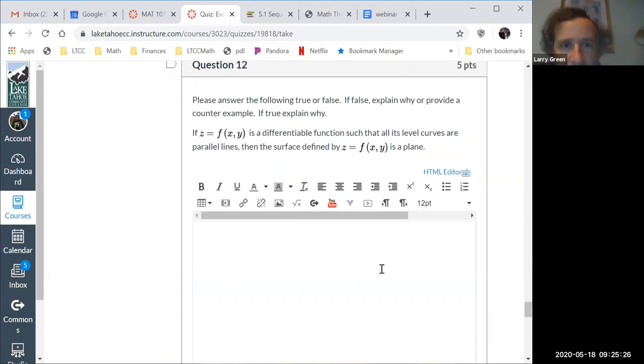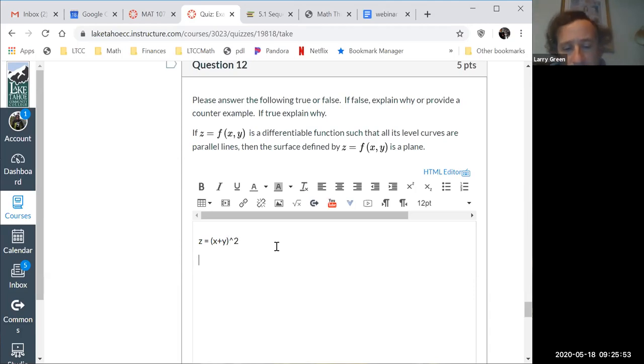This is our last real question on the test. If f of x, y is a differentiable function such that all of its level curves are parallel lines, then the surface z equals f of x, y is a plane. Okay, and the idea here is if we think of, say, z equals x plus y, there are a lot of examples, by the way, squared.